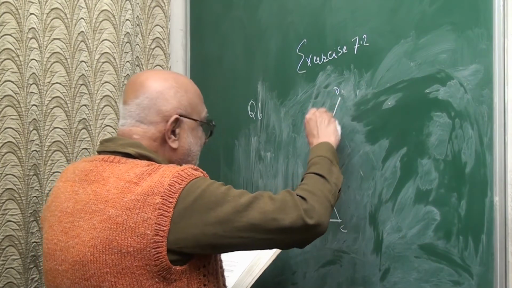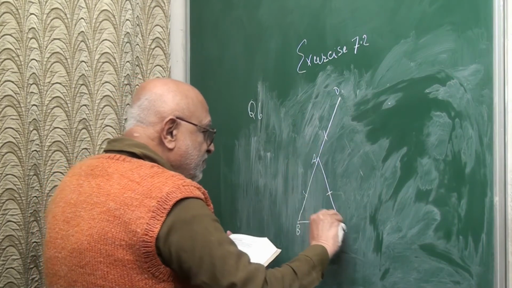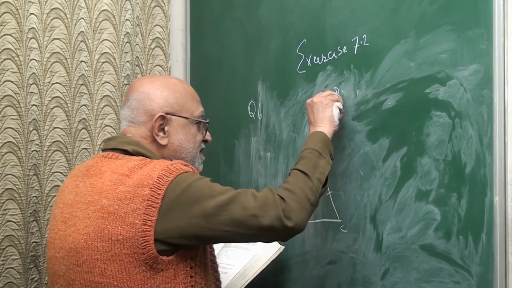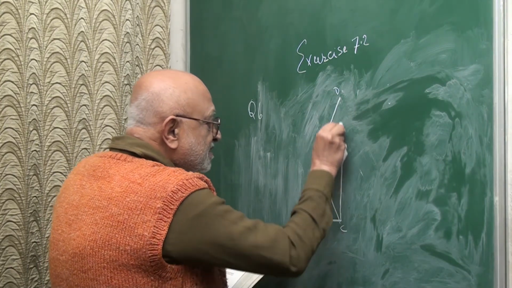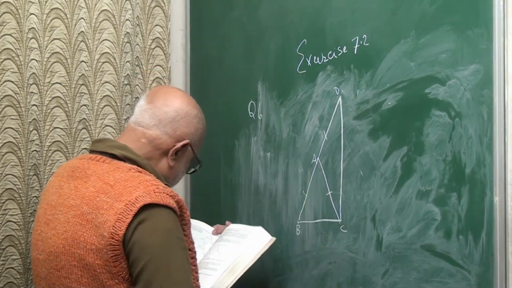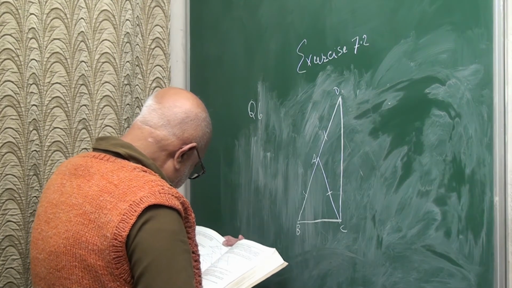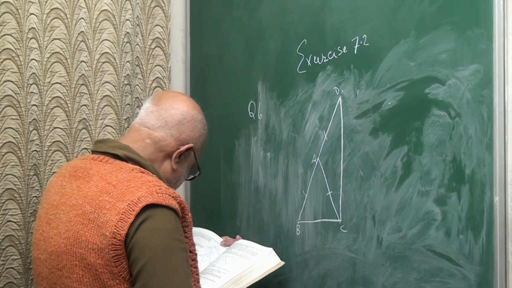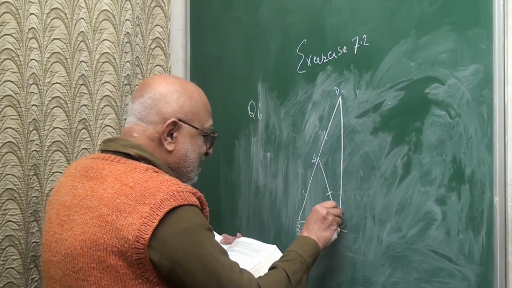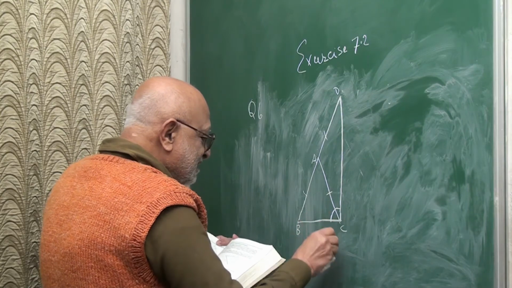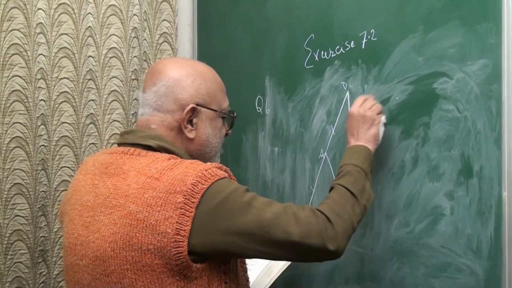So again, this is also equal. See, if this is AB, then this must be equal to this also. Okay. And join this. And it says what? Show that angle BCD is a right angle. Angle BCD, so you have to prove this angle. BCD means this angle. You have to prove that one is a right angle. So let us write it down.